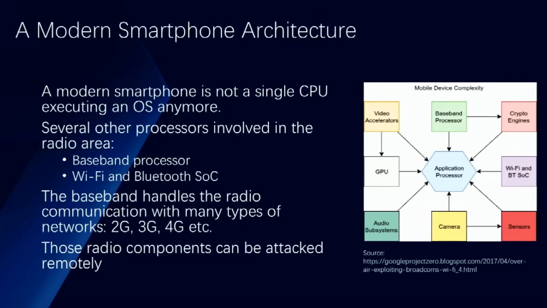And in the radio area, you have the baseband processor and the Wi-Fi and Bluetooth system on chip mainly. And the baseband handles the radio communication with many different types of network, such as 2G, 3G, 4G. So, for example, they could be GSM, UMTS, and LTE. And this kind of radio component can be attacked remotely over the air.